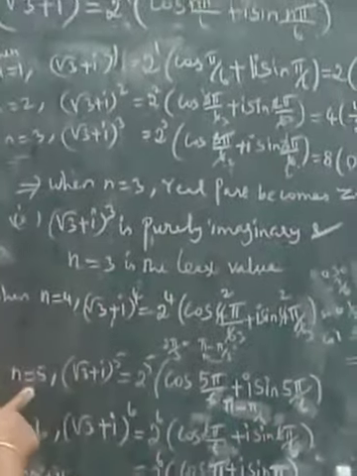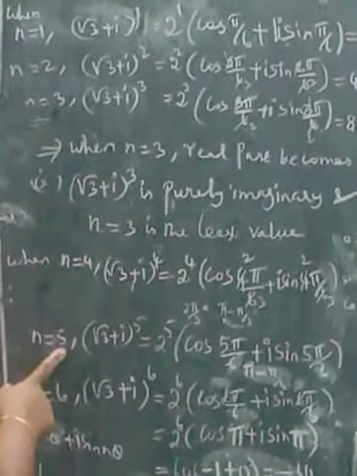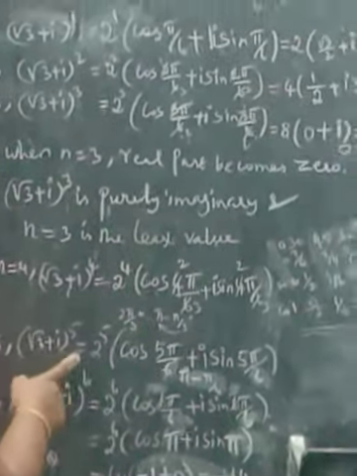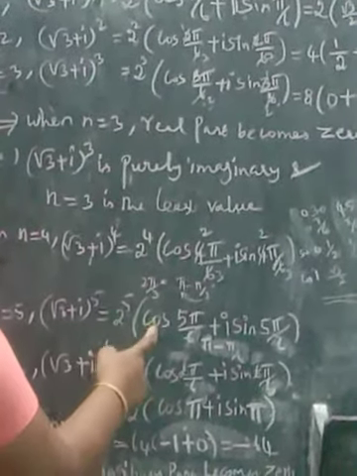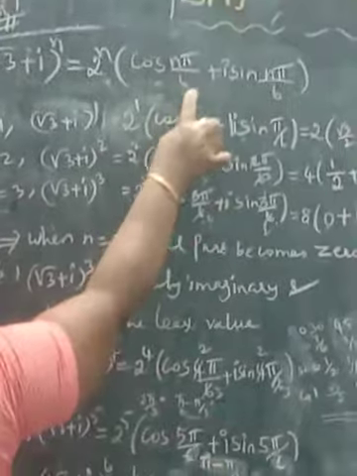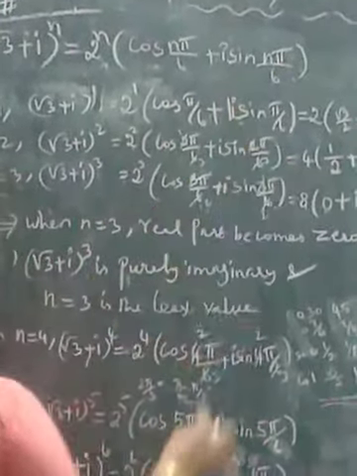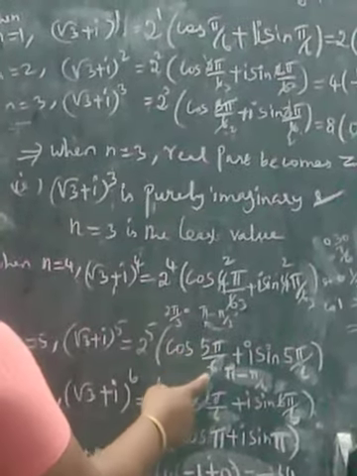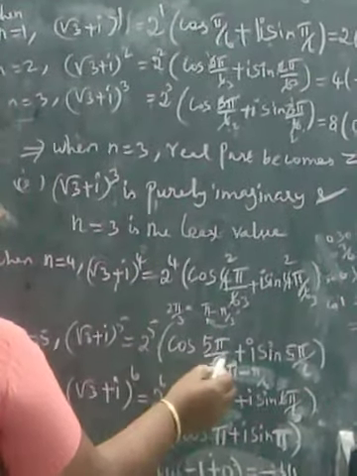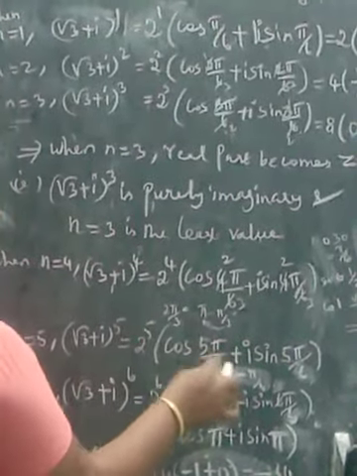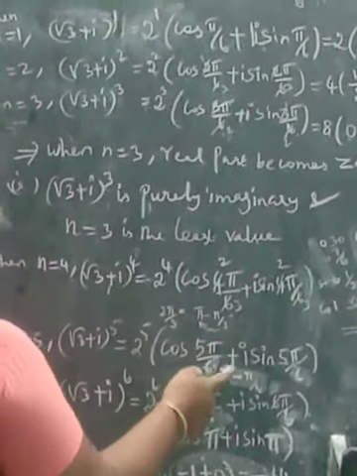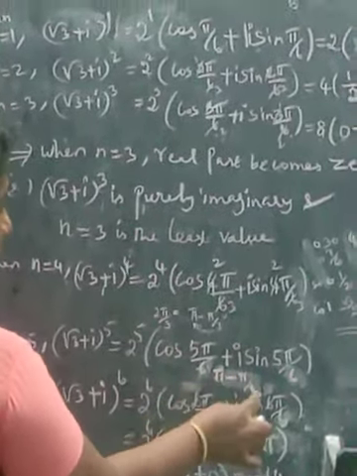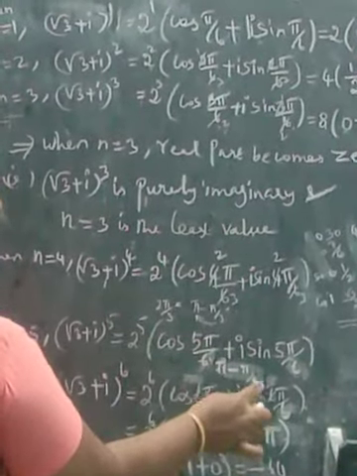So we have to try the next number, n equals 5. Now if you substitute n equals 5, (root 3 plus i) to the power 5 equals 2 power 5 (cos 5 pi by 6 plus i sin 5 pi by 6). Here also you may not know the value at 5 pi by 6, so we write it using the concept of pi minus theta: pi minus pi by 6, that is 6 pi minus pi, 5 pi by 6.